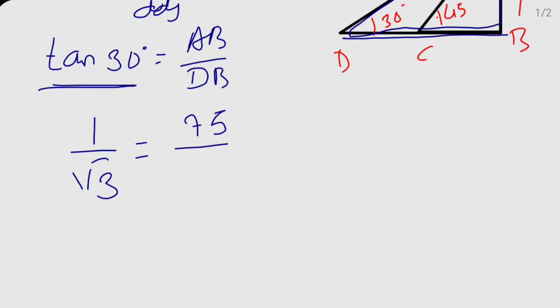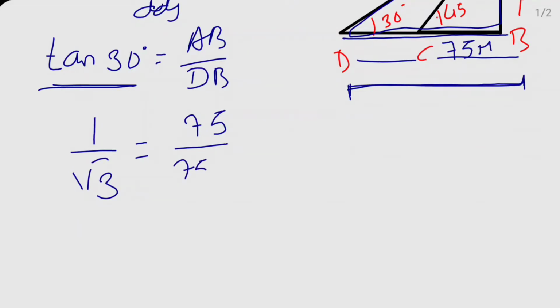So look at the figure. Here is DB. So DB equal to DC plus BC, and already we found out the BC, that is 75. So here DB means 75 plus DC. So write down here 75 plus DC.